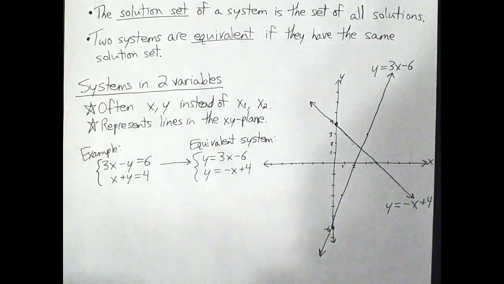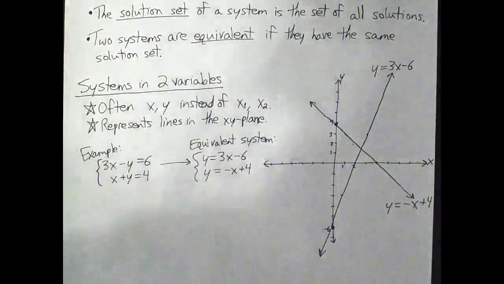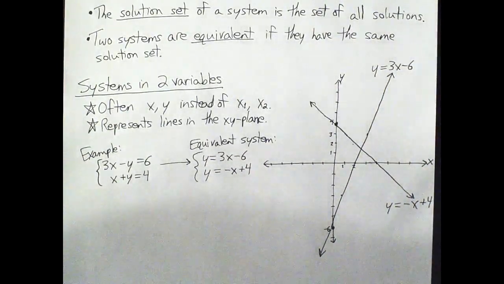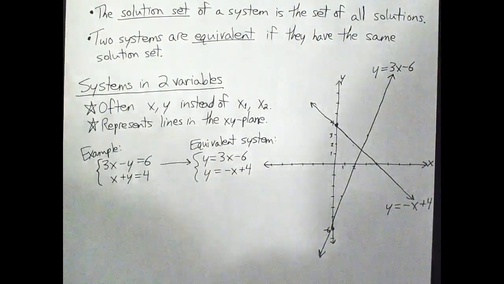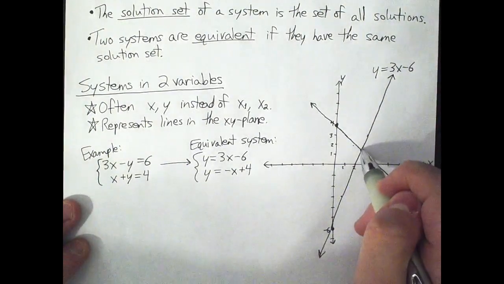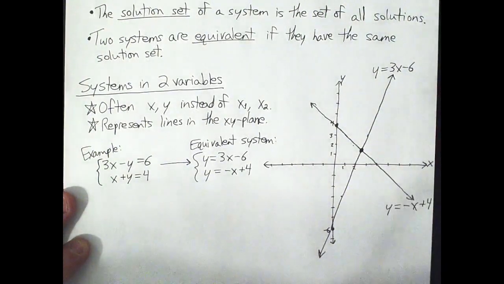So what is happening here is these two lines intersect somewhere, right? There is a point in the xy plane that seems like it is on both of these lines. I'll draw a dot and say, where is this point?